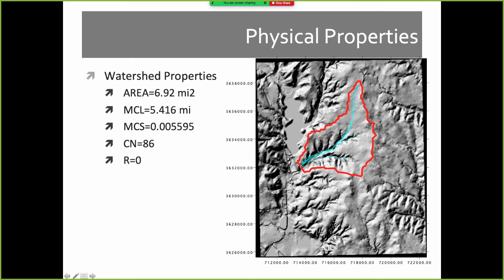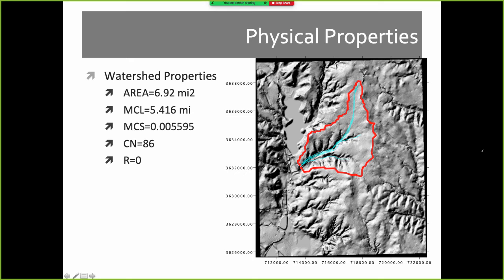So it's the longest path from the outlet to a point on the watershed boundary. And then the main channel slope along that path is shown here as 0.005 dimensionless, or that'd be 0.5% slope. And the curve number is 86, and that was determined independently of any metrics in this digital elevation model. And R, which is a rock factor, is 0, and that will make sense in a second.